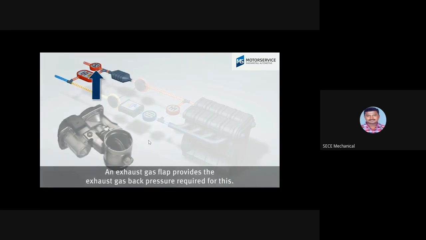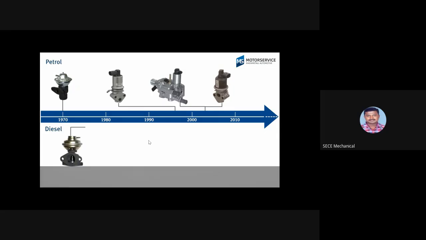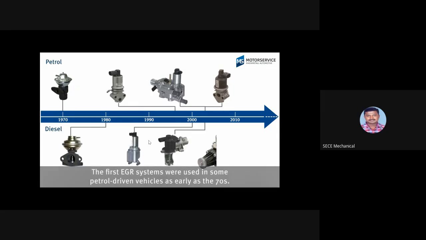An exhaust gas flap provides the exhaust gas back pressure required for this. Pierburg is a significant contributor to the current state of the art. The first EGR systems were used in some petrol-driven vehicles as early as the 70s. In the 90s, this technology also began to be used in diesel vehicles.